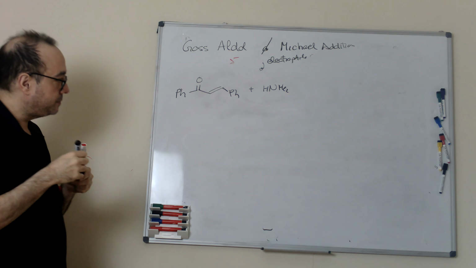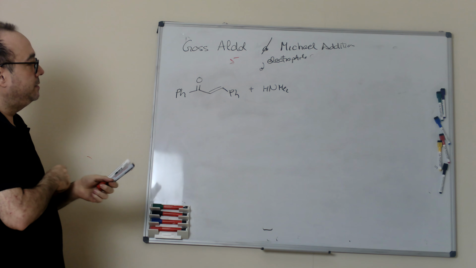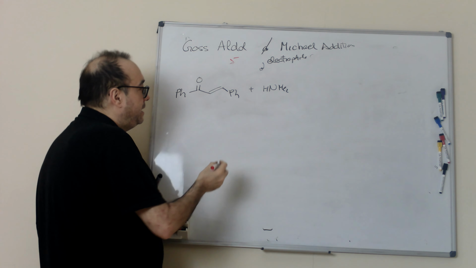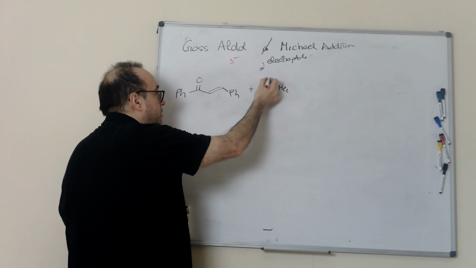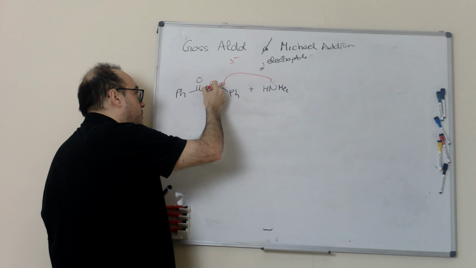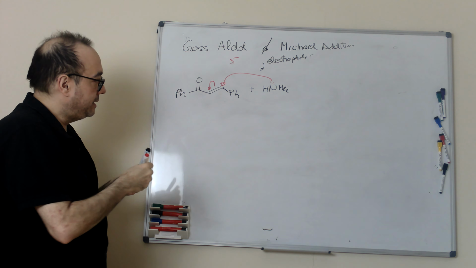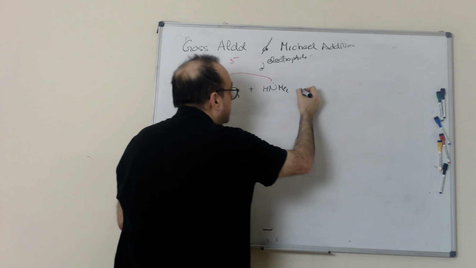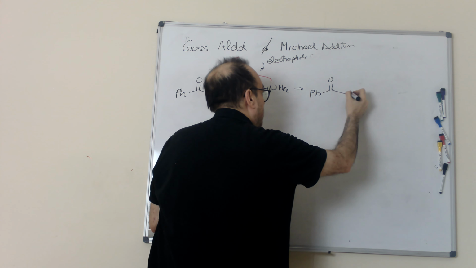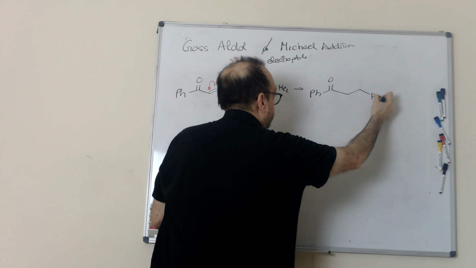Well, what is happening is that the pair of electrons of the nitrogen can attack this position. We put the negative charge here. Don't forget to put any charge, please.